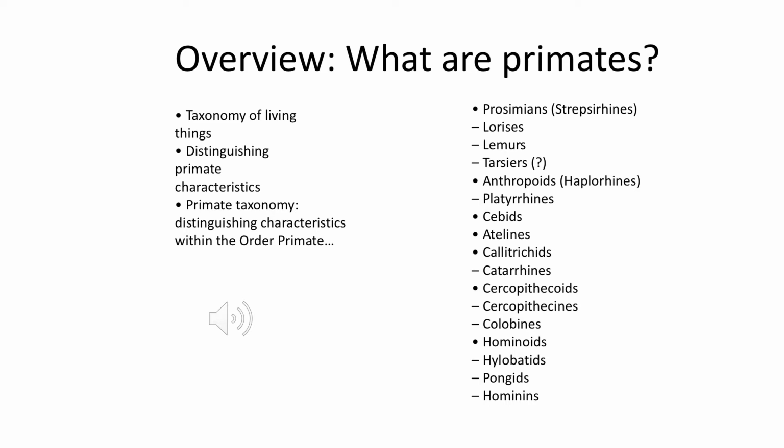Do I expect you to remember every single Latin name for every single monkey? No, that would be crazy. Look at all of those Latin names: strepsirrhini, haplorhini, platyrrhini, callitrichid, cercopithecoids. That's too much. That's why the taxonomy chart is so important, because if you know how to read it, you can just reference it. You do not need to memorize any of this information.